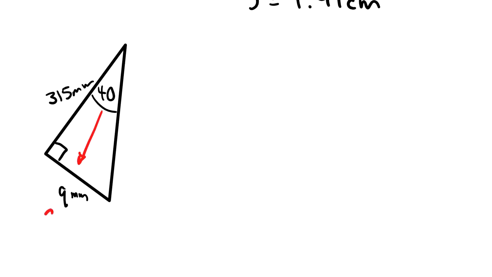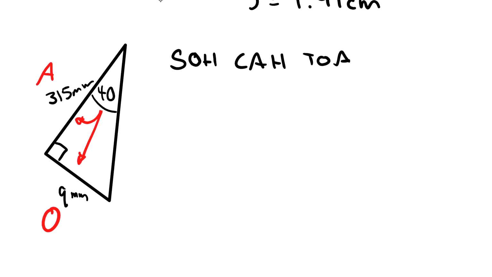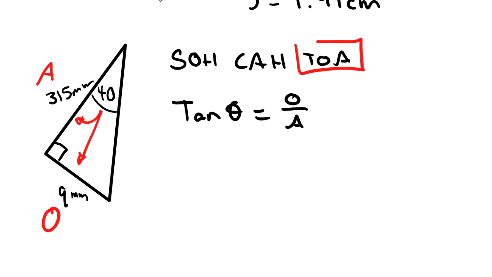Finally, we'll do our last one. We have the opposite, so that's O. We have a curved arrow, so that's adjacent. We have an O and an A, so I'm using TOA. So tan theta equals opposite over adjacent. So we have tan 40 equals my opposite, which was Q, over my adjacent, which is 315.